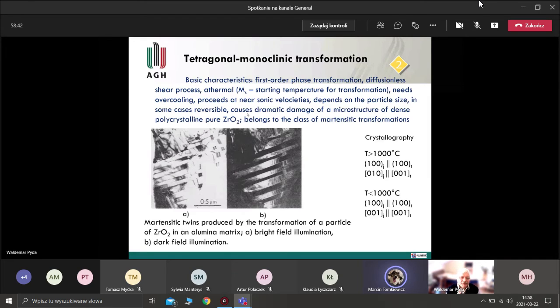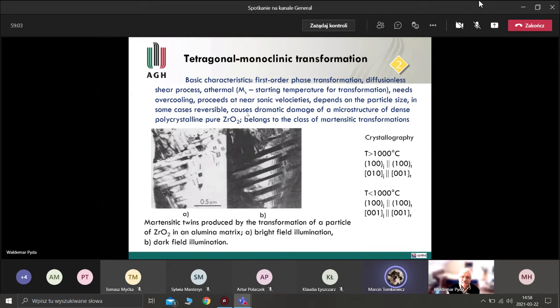Okay, what are the paths of diffusion of atoms? For example, they can switch places in the structure, the cations and anions.